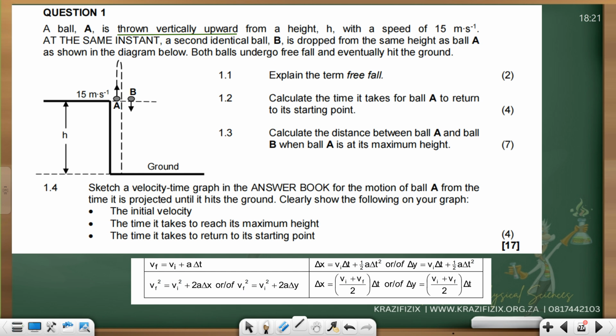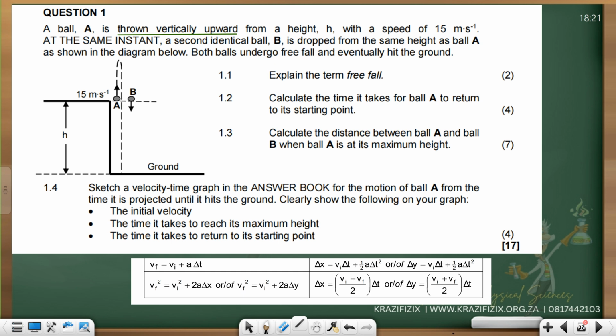If it is dropped from a stationary point, then initial velocity is 0. But if it is dropped from a moving object, I think I have a hot air balloon somewhere, you're going to see it, then the velocity is not the same. It's not 0. So please always check the word drop.